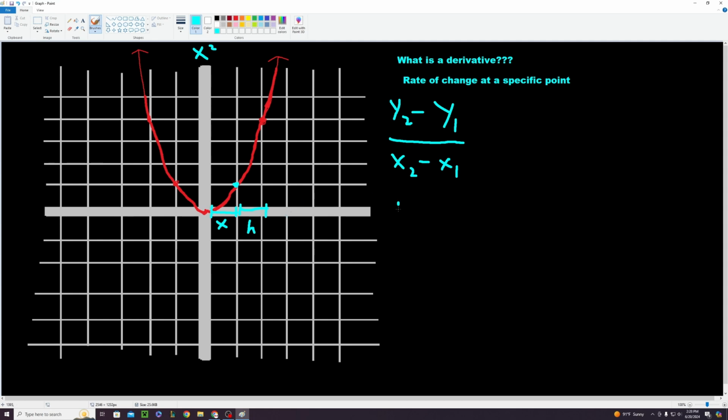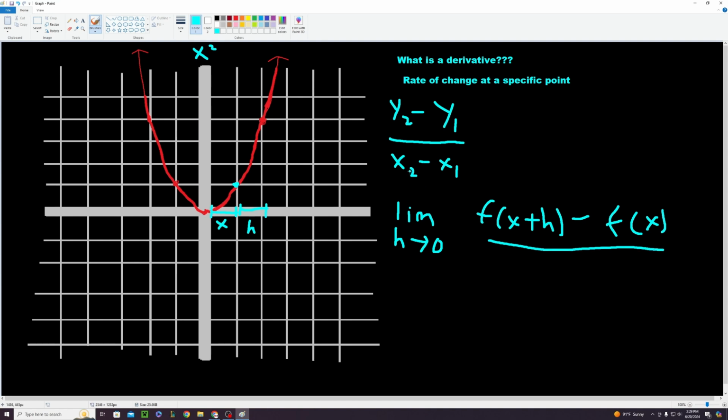So we do the limit as h approaches 0, and then the y value is going to be f of x plus h for y2 minus f of x for y1, and then the x2 will be x plus h, then x1 will be just x, so minus x, and these x's cancel each other out.